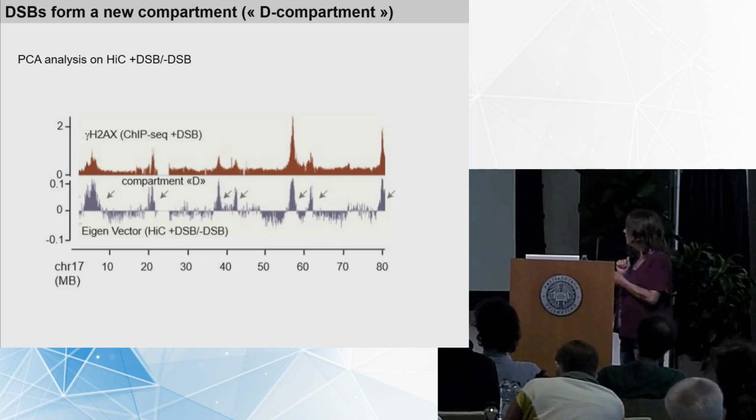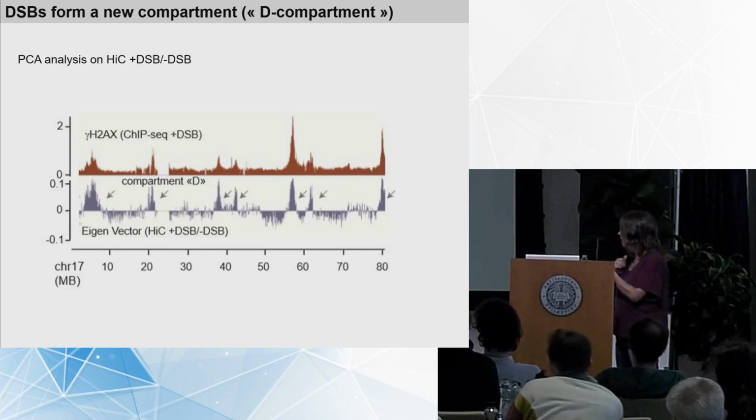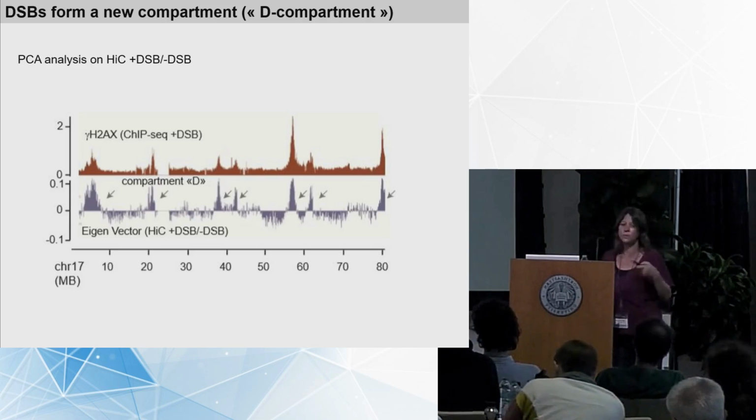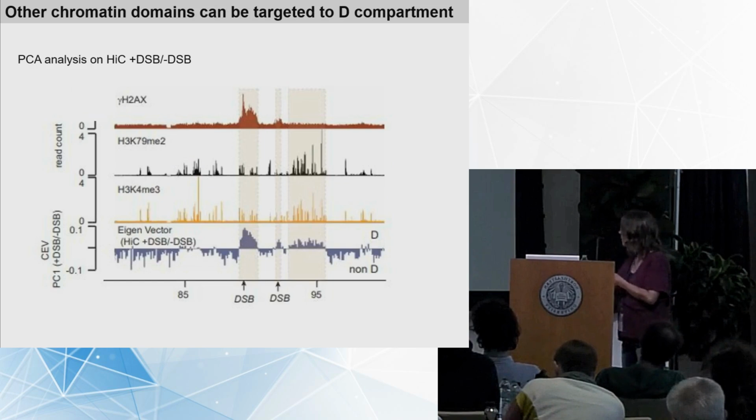And we could see that we have these peaks that coincide very nicely with the gamma-H2AX pattern. So this is a Hi-C experiment, okay? That's the gamma-H2AX profile. And so we decided to call that the D compartment, for DSB-induced compartment, which tells you that this clusters with that, okay? So they form a specific compartment in the nucleus.